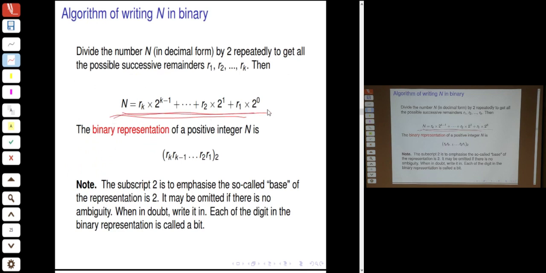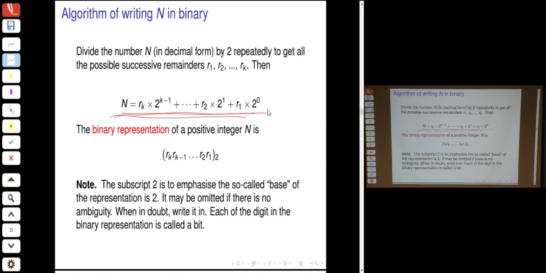The change of base from decimal to binary means that instead of powers of 10, we are working in terms of powers of 2. In decimal expansion, the symbols, the r_k, could be anything between 0 and 9. In binary, r_k can only be either 0 or 1. Okay?